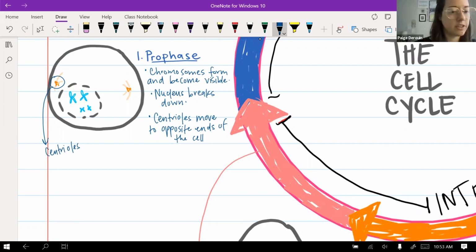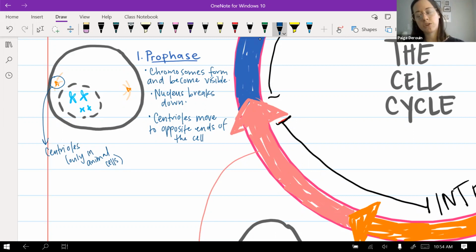And centrioles, interesting fact, are only found in animal cells. So plant cells do mitosis, but they do it a little bit differently, and we're not really going to talk about that. But animal cells do it this way using centrioles.